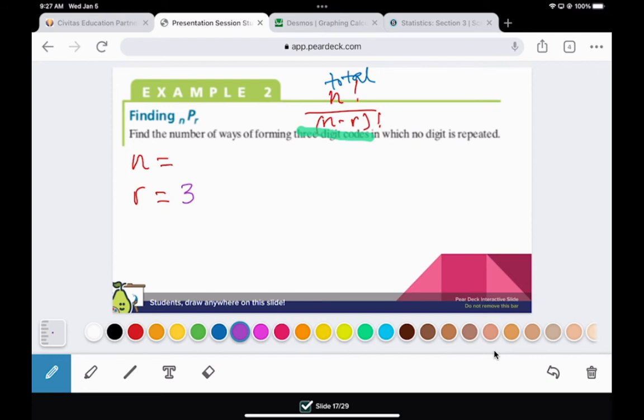So I just want to make sure that you are clear on that. R is how many you take at a time. N is the total number that you have out there to choose from. So think about digits. It doesn't say in here, but we did it before. Think of all the digits that you can choose from. Remember, you have this list.